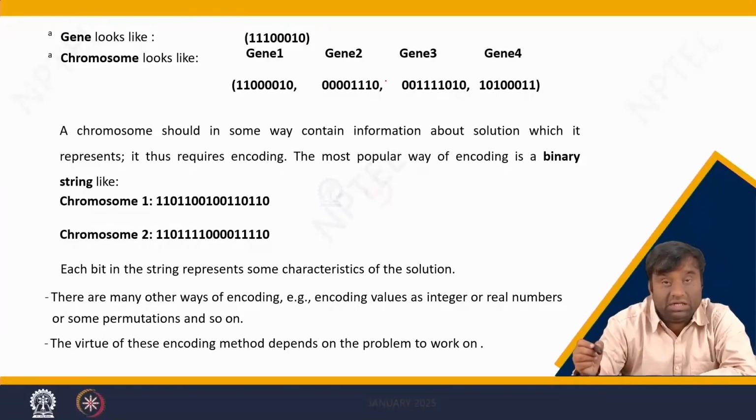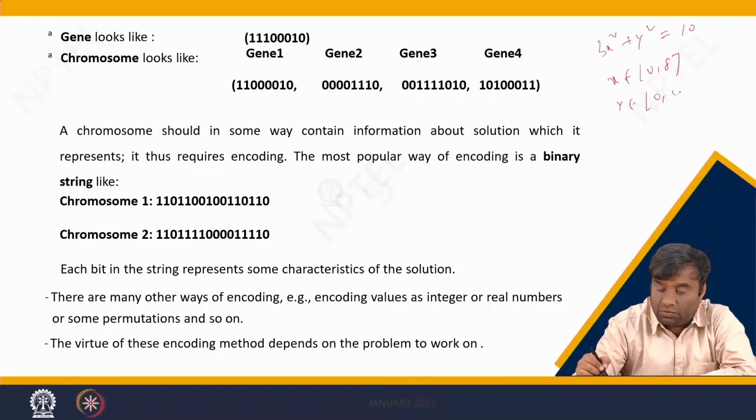Let's try to understand this with an example. Suppose we are solving 3x squared plus y squared equal to 10. Here x can take a value from 0 to 8, and y can take a value from 0 to 4.